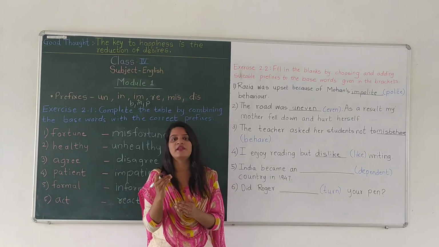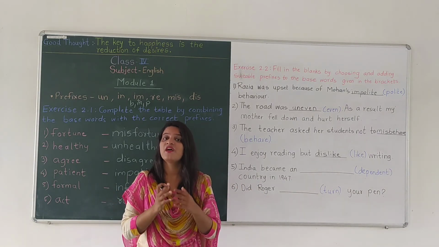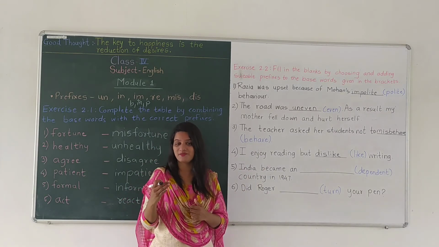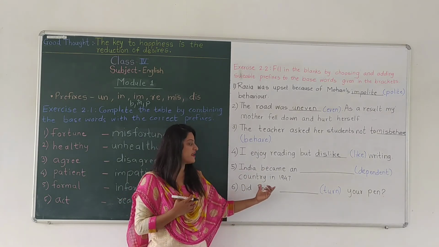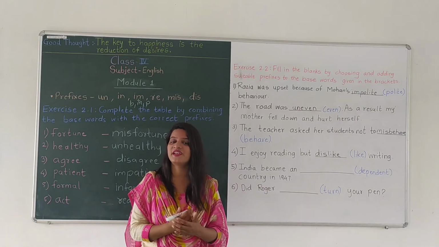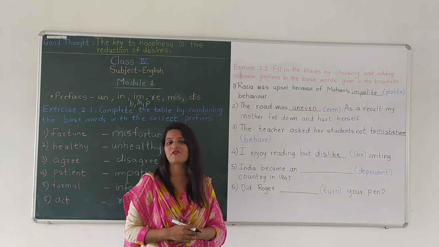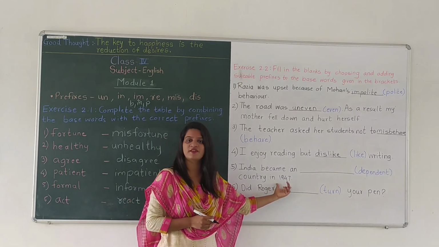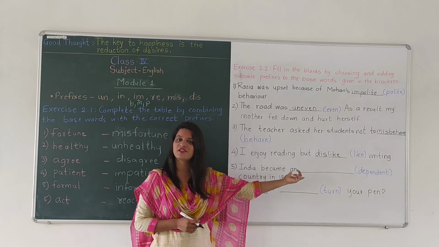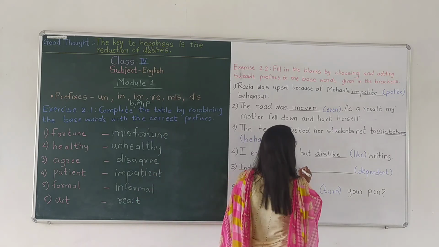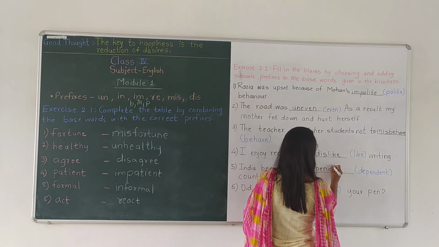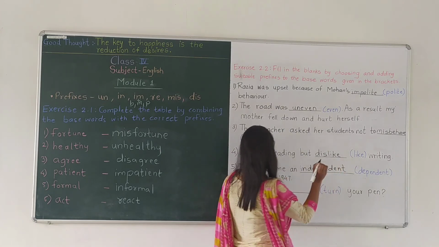It is not dependent. So what can we use? We can use independent. We already know that we celebrate Independence Day. When do we celebrate Independence Day? We celebrate it on 15th August 1947. So what is the opposite word of dependent? The opposite word of dependent is independent. Independent. Okay, my dear children.